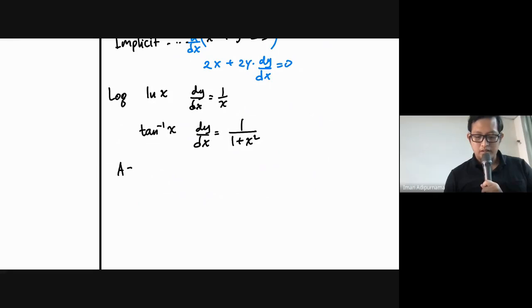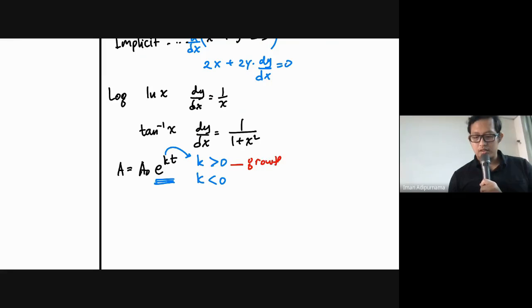And also the exponential growth, remember we have these terms. The k is a constant. k can be positive, k can be negative. If positive, we say it's growth. If negative, it's decay.